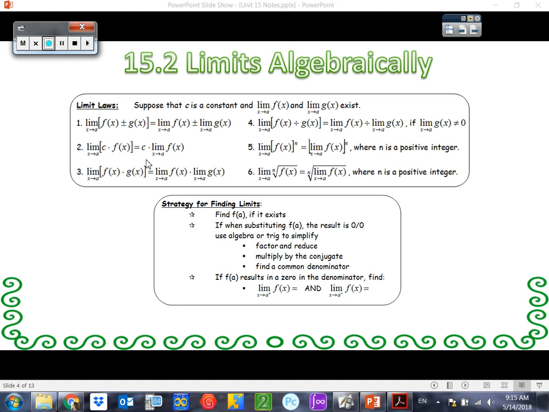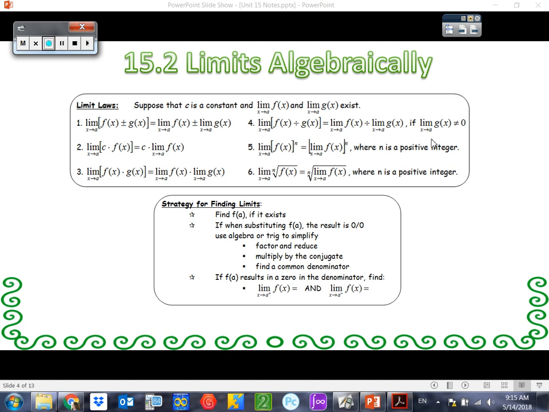We're allowed to do that. Then we would take the limit of the function and then multiply by that number c, whatever it happens to be. Multiplication, we are allowed to split those apart as well. So if we are taking the limit of two functions being multiplied together, we can do them separately and then multiply the results. Same with division.